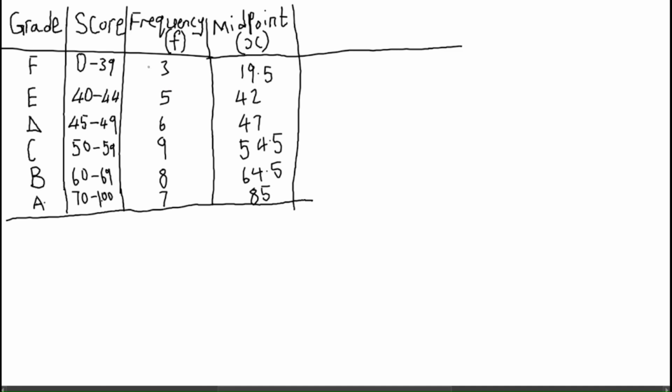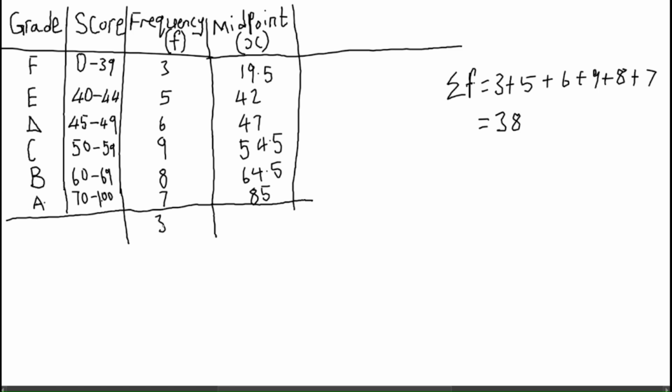So our next step is to take the sum of the frequency column. This will give us a particular value which will help us to calculate the mean. So it's going to be 3 plus 5 plus 6 plus 9 plus 8 plus 7, which is going to be 38.